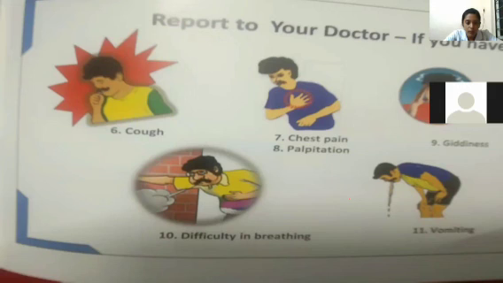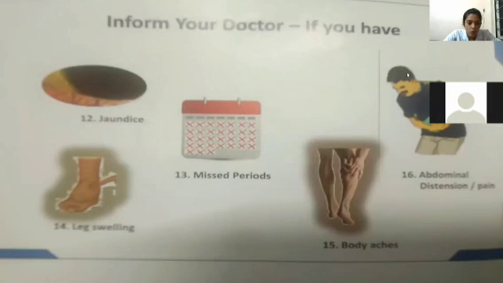Also report to your doctor if you have cough, chest pain, palpitation, nausea, vomiting, giddiness, jaundice, leg swelling, missed periods, body aches, abdominal distension. If any of these symptoms are present, the patient on warfarin therapy should inform the doctor, because these can indicate abnormalities or complications.